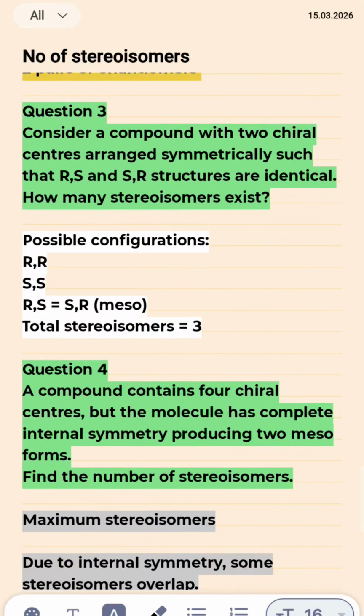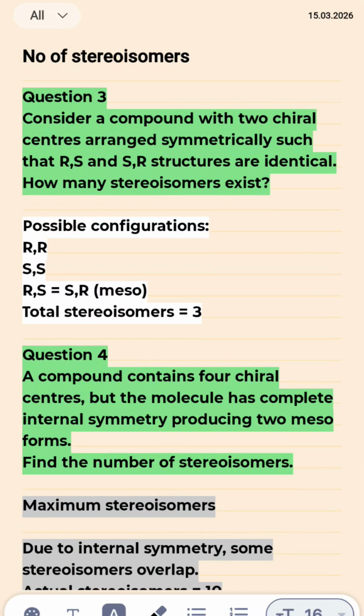Question 3: consider a compound with 2 chiral centers arranged symmetrically such that the RS and SR structures are identical. How many stereoisomers can exist? 2 chiral centers are there, so 2 to the power of 2, 4. But there is one identical form, RS and SR. They are identical, so they will give one structure.